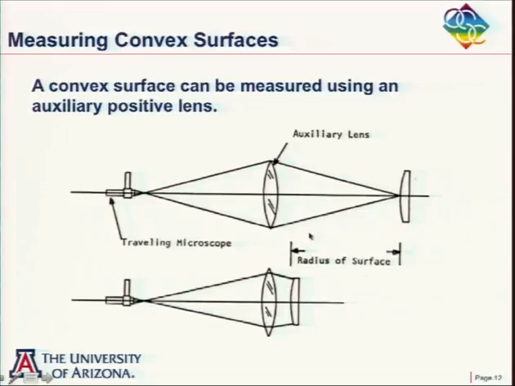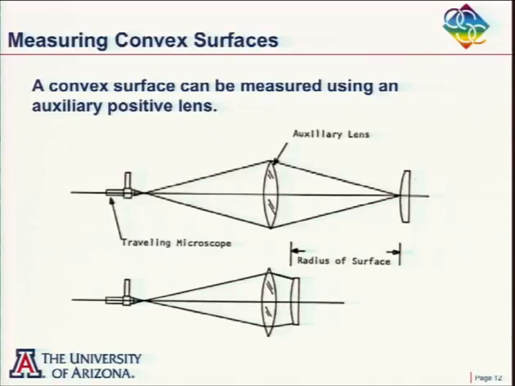And that's the only requirement. So you just have to add the additional lens, and you don't need to know the focal length of this lens or anything. You just need to know that the distance to the image here is greater than the radius of curvature of the surface. So that's commonly used.